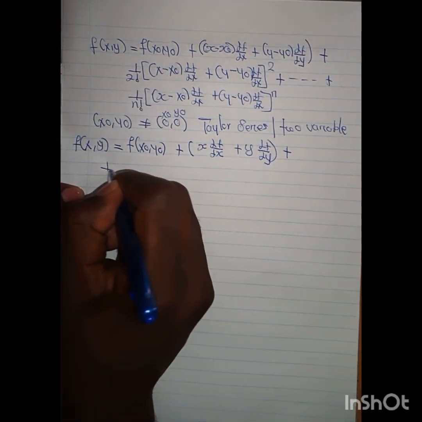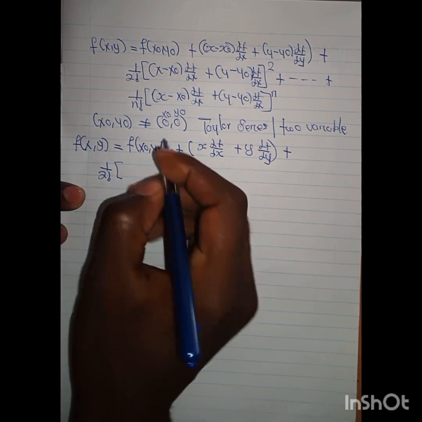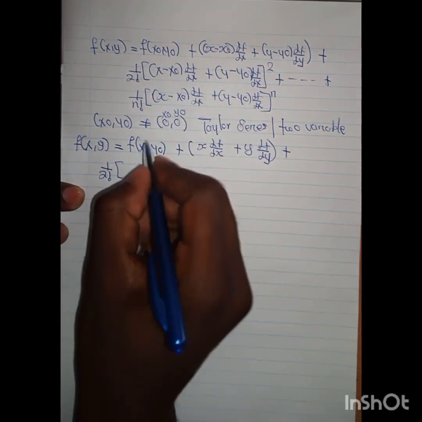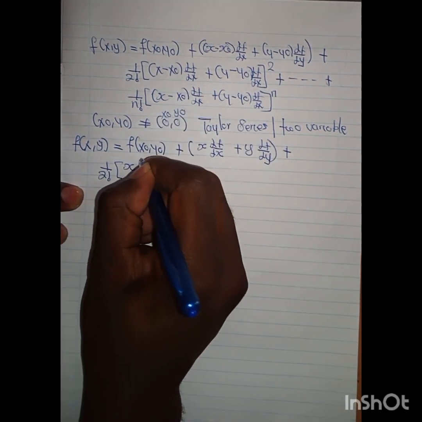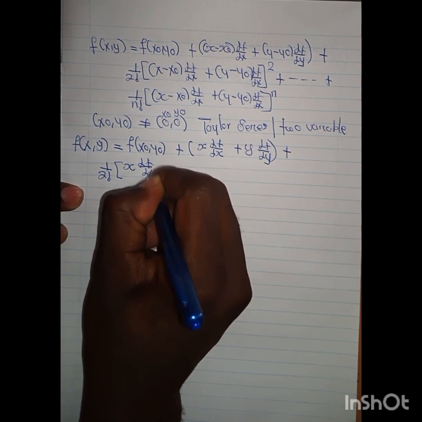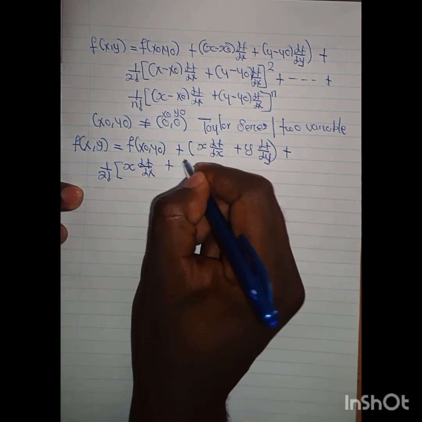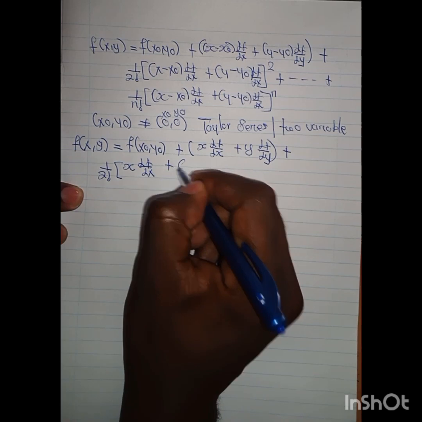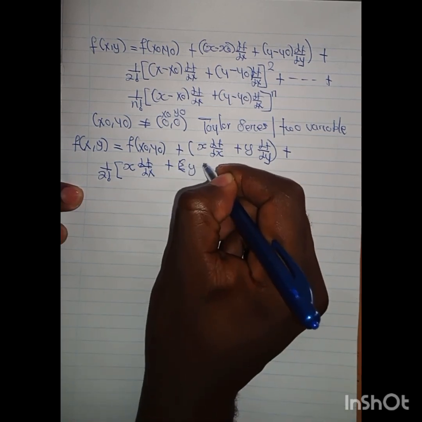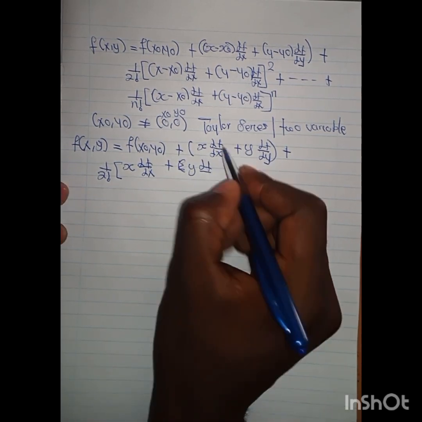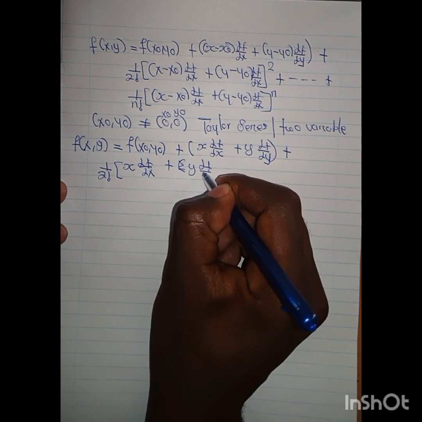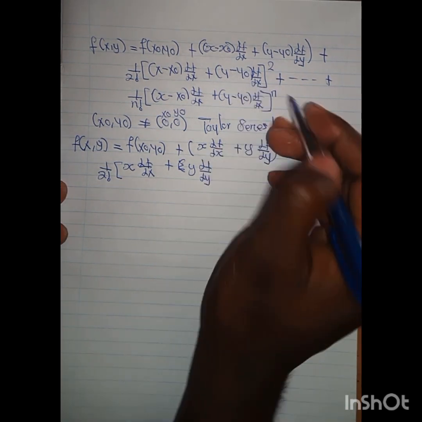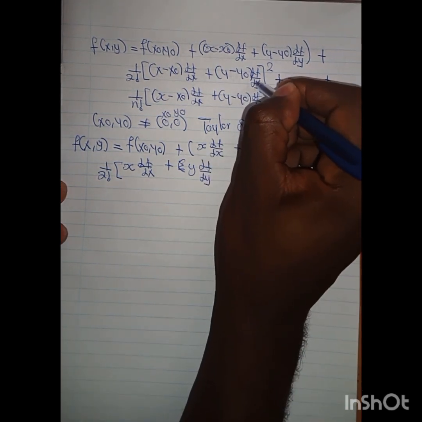1 over 2 factorial, and then x naught is 0, so we have x df dx plus y naught is 0, then we'll have y df dy. This will be dy because we deal with y. There's a mistake here.